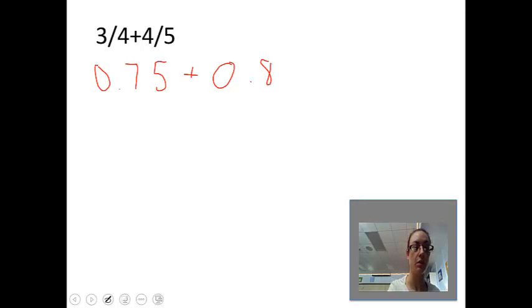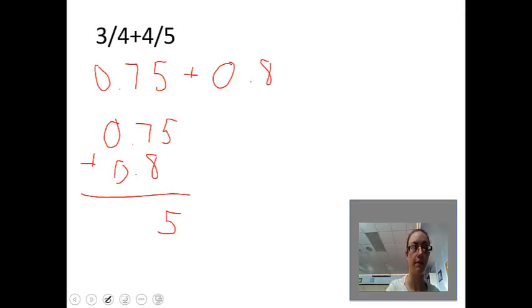So I'm going to do 0.75 plus 0.8, making sure that I line up my decimals. And I have 5. So I get 1.55.